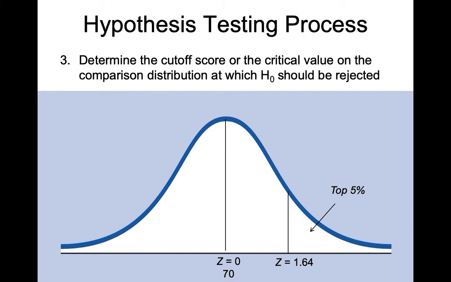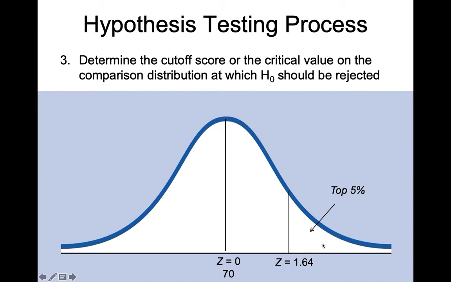So what we're looking for is a sample result, that is our actual person who got the money and then reported their happiness. We're looking for a result of that little research study that would be unlikely among people that don't get the money.